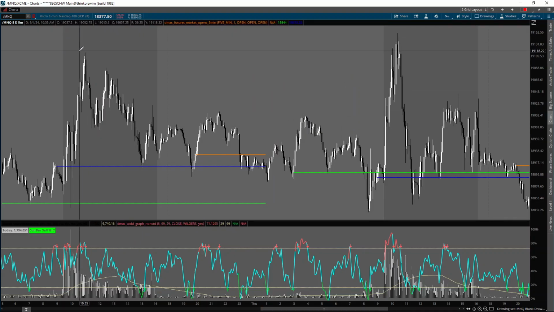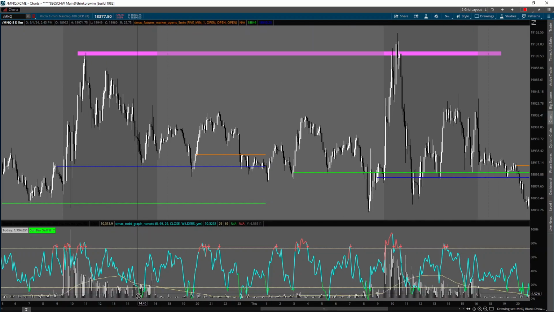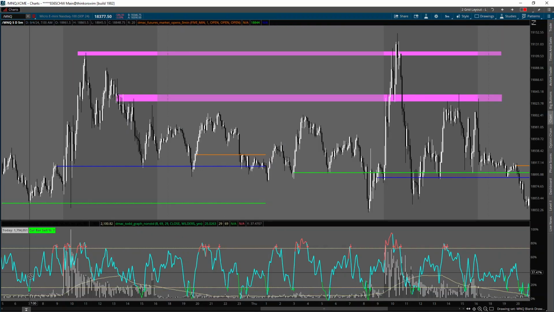All right. How is it that price topped out here and topped out there? How is it that we have a band of supply here, and if I extend it, it also acted as supply here?